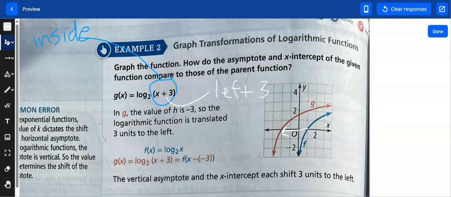Can you tell me what the vertical asymptote is? It used to be x equals 0. So I would expect on your graph, if I ask you to sketch this, I would expect a dotted line at x equals -3. I would also expect that you wouldn't cross that line because you know it's an asymptote of the graph.